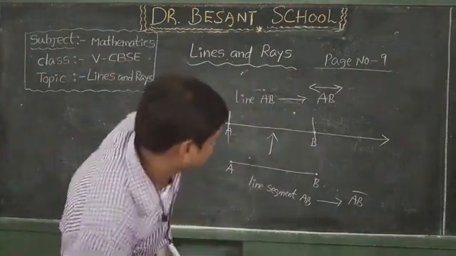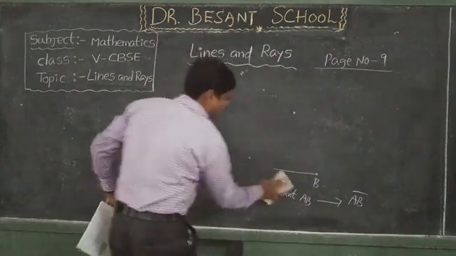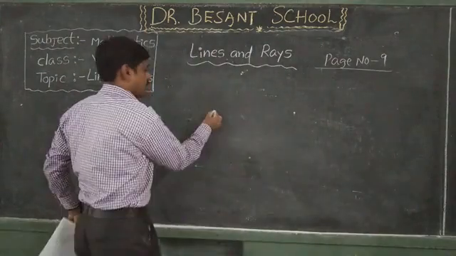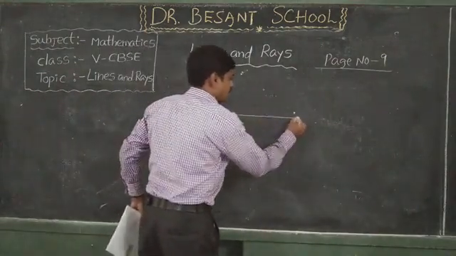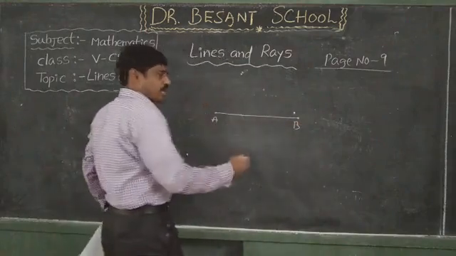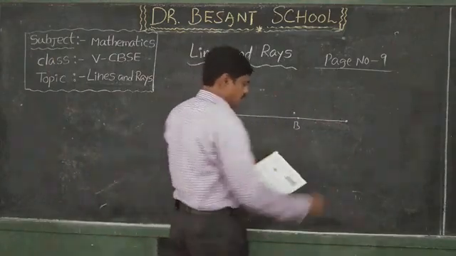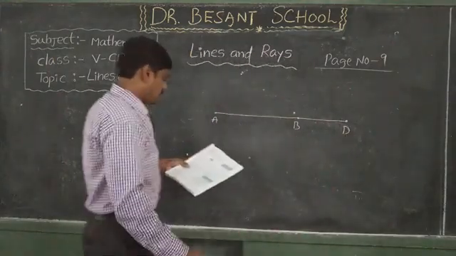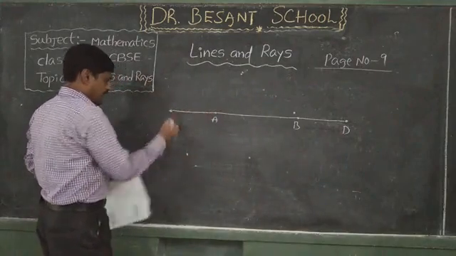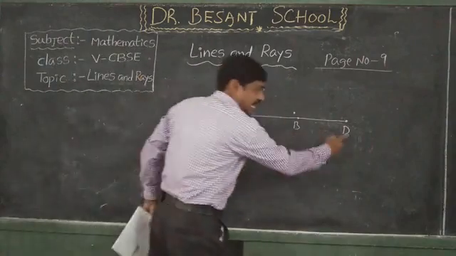Suppose AB is a line segment. Now observe here the line segment AB. You can extend some more. Suppose this is the point D. Now extend the left hand side, so we get another point C. Now CD is a line segment.